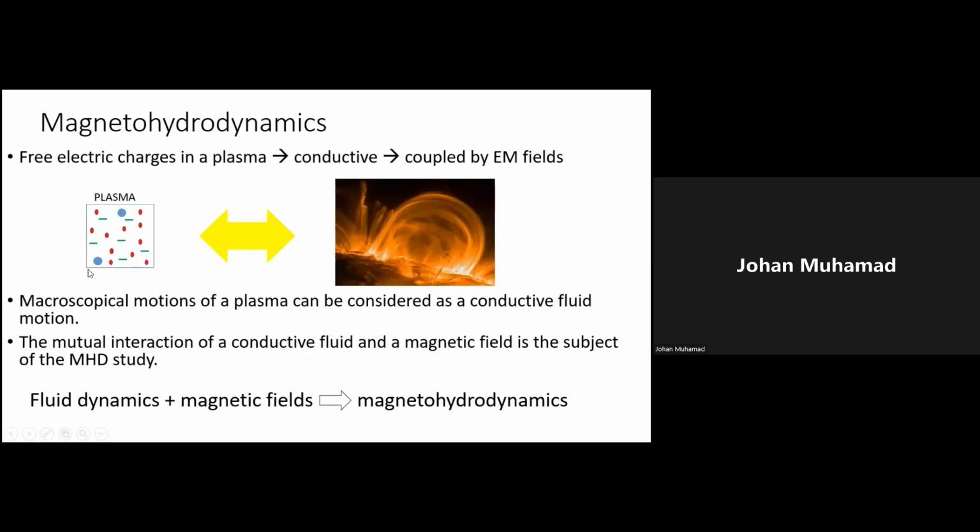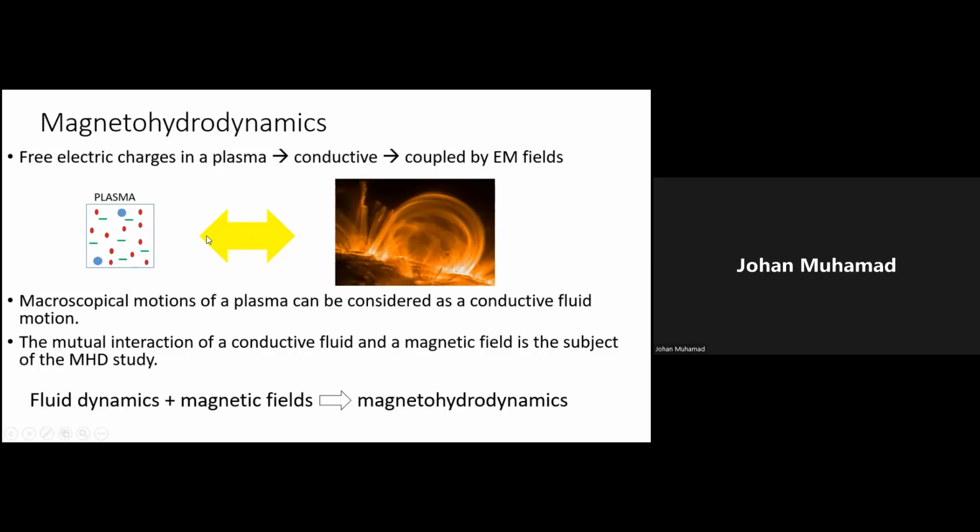So we already know about plasma. It's the ionized gas, and we also know that there are so many magnetic field lines in the sun, and this plasma and magnetic field, of course, are interacting with each other.